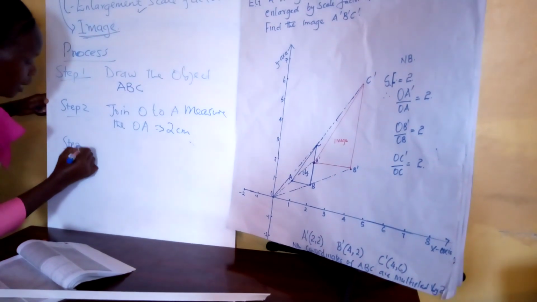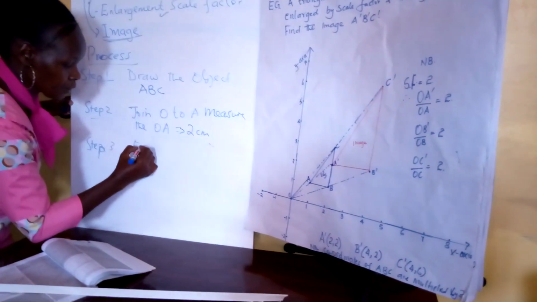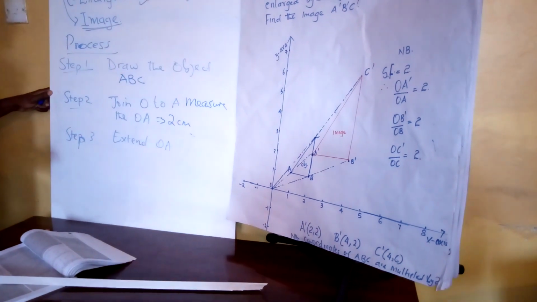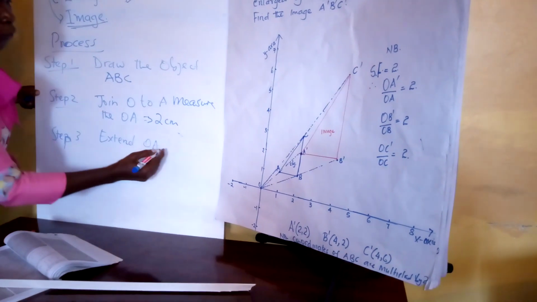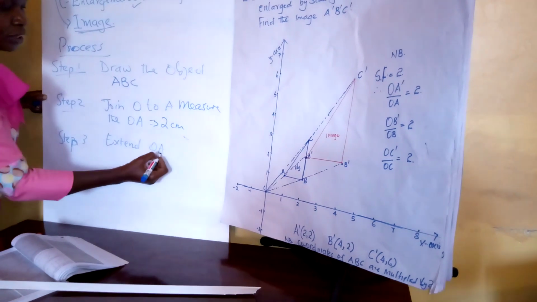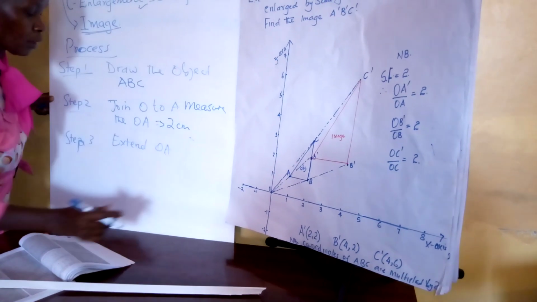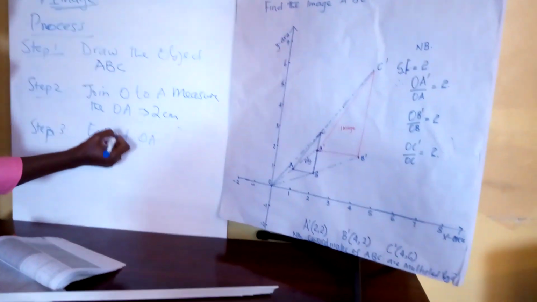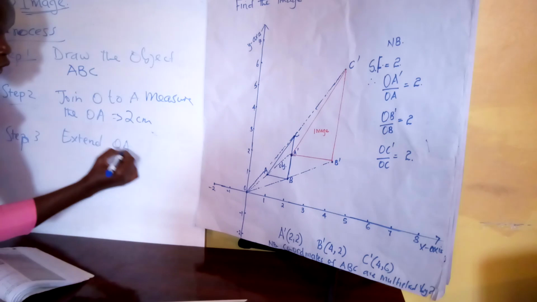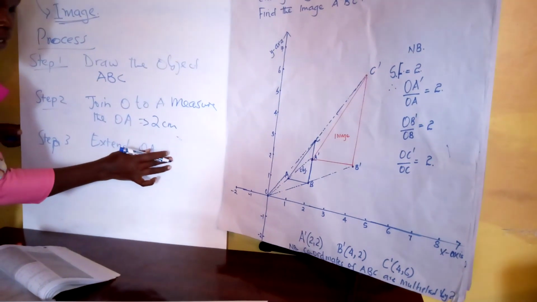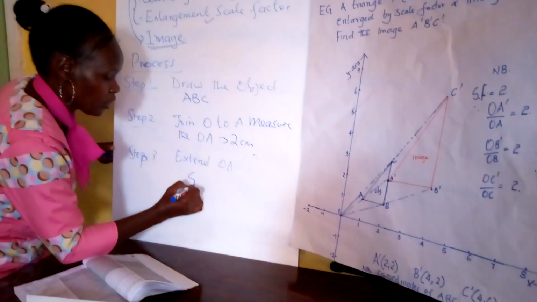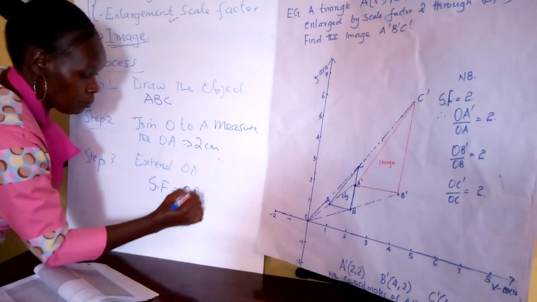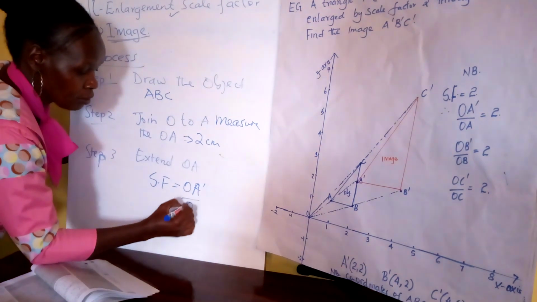Step 3 is that you extend the line OA from point A, you extend it onward. So after you have extended OA, now we want to get A prime on the line that has been extended. So we know that scale factor is usually the image over the object.